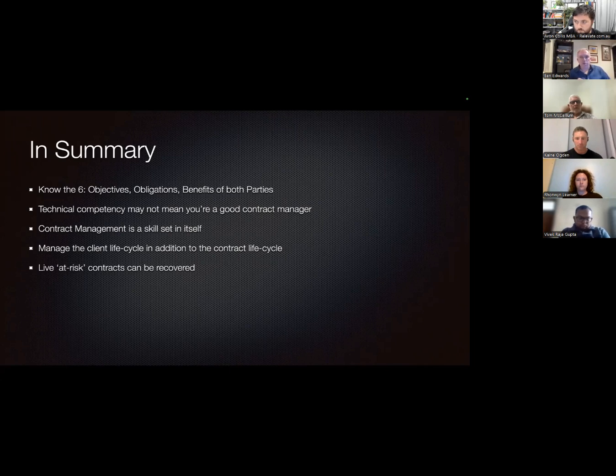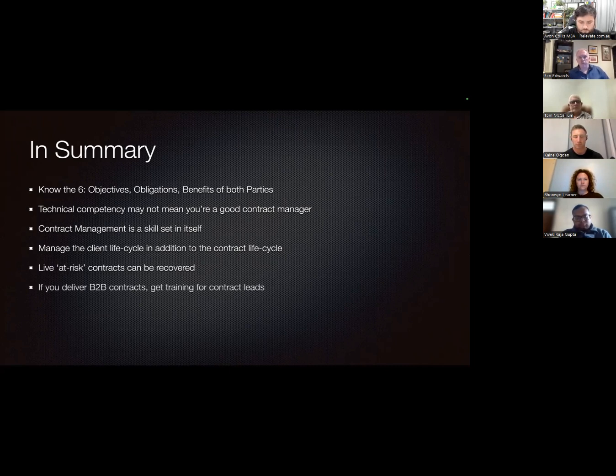Generally, clients don't like to go back out to market because of those expenses that I talked about before. That takes them time and cost, and then re-engagement of a new contractor. So they would probably prefer to have a recovery of the incumbent contract than go to market again, unless that's the end of a permitted tenure. That's usually when they only like to go to market.